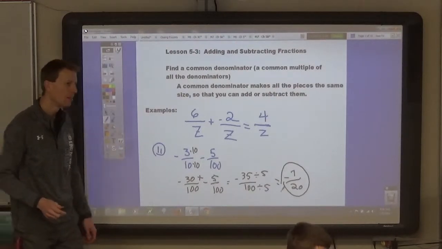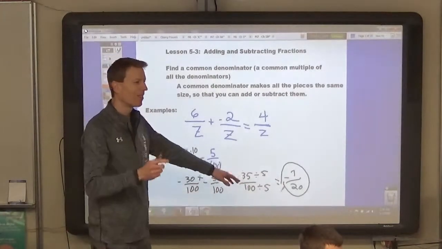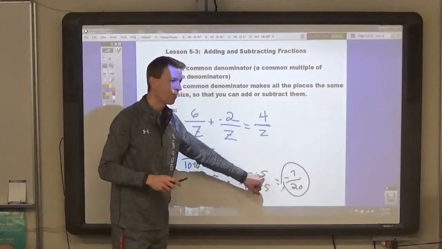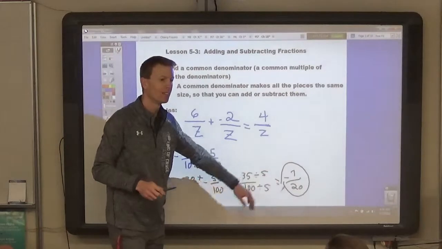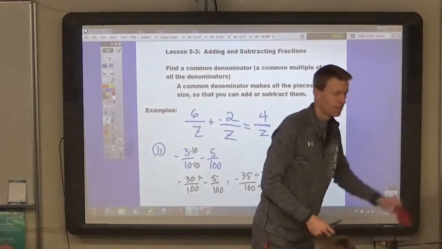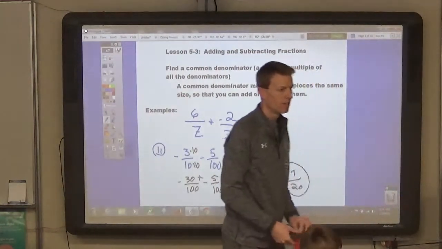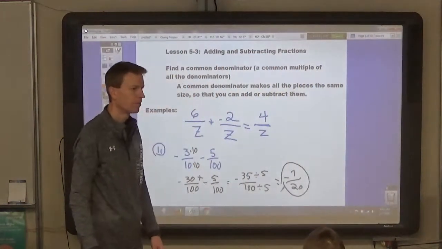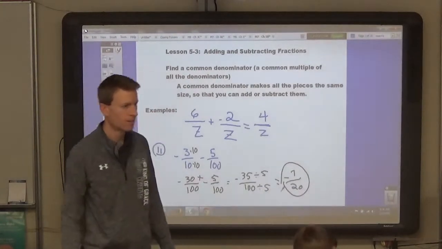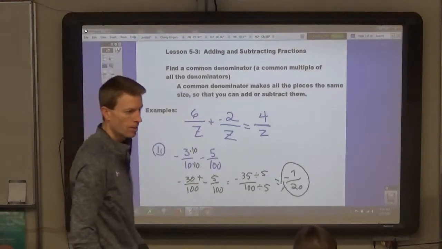I just simplified it. No, I did it wrong. I subtracted. So Max, just answer my question. What is 35 divided by 5? Johnny? Pay attention. 7, and 100 divided by 5 is 20. Does that make sense? Yeah, I subtracted 5 from negative 30.